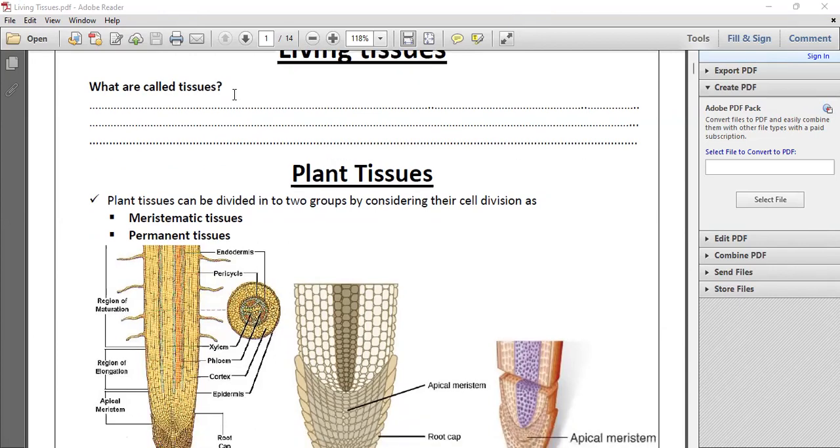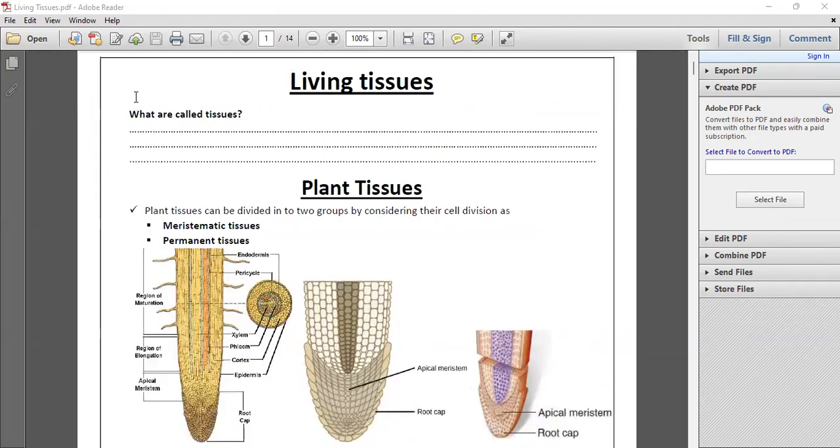Tissue: a group of cells. You can write this heading, and then quickly you can write: a group of cells with a common origin that has been modified to perform a particular function in a living body is called a tissue.